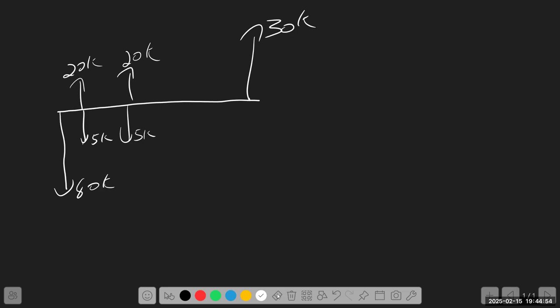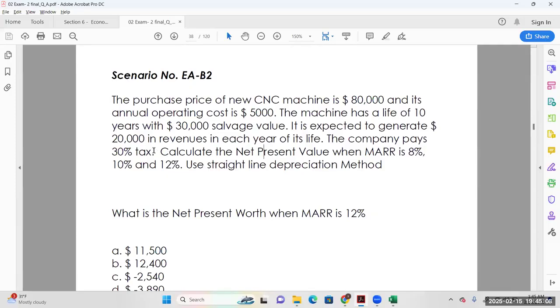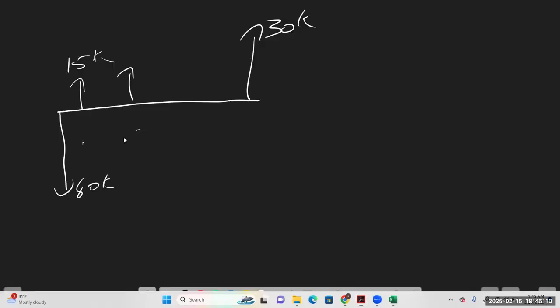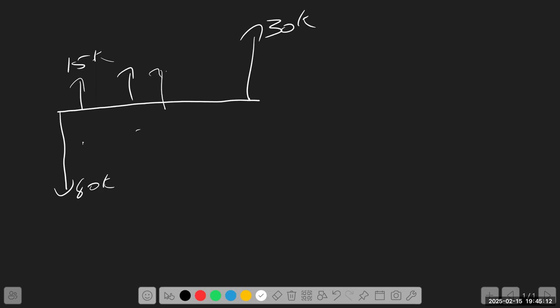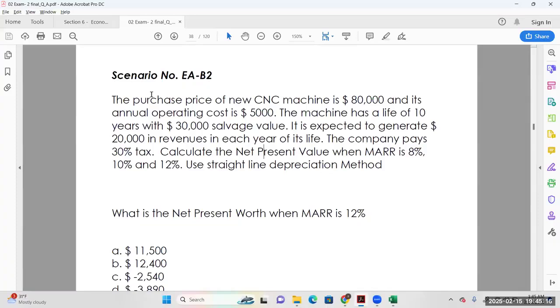This 20 minus 5, we can keep it to 15 only, right? So 15K is my net revenue. So every year I am getting 15K.